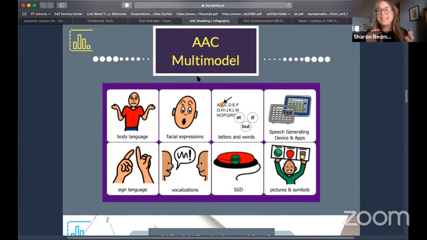So we're going to accept, and this is a really important piece, especially when implementing AAC, that we accept all forms of communication. So mistake number one, back in early childhood, we sit down for snack. We put the picture communication symbols down and we're like, what do you want? And they have two choices and they only have two pictures.